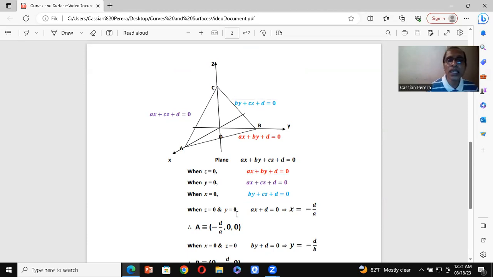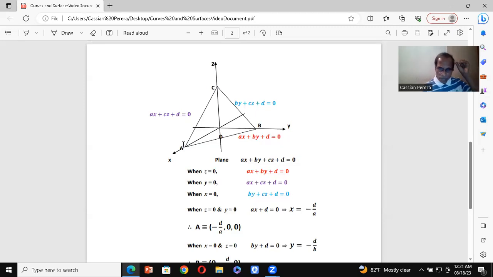Now, I'm going to remind you, actually, ax plus by plus d equals 0, by plus cz plus d equals 0, and ax plus cz plus d equals 0. Actually, we can see those as straight lines.